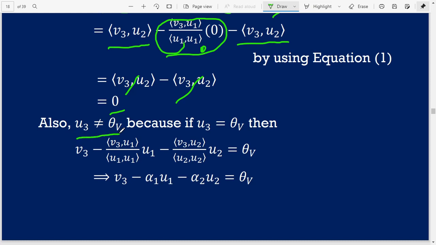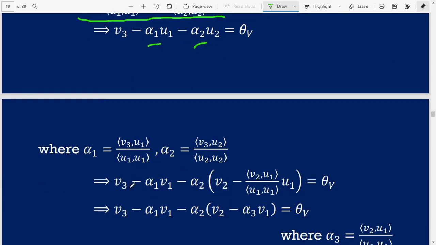Also U3 is a non-zero vector, because if U3 is equal to the zero vector, then the value of U3 is equal to 0. This implies V3 minus alpha 1, we take this as alpha 1 and we take this as alpha 2, is equal to 0. So V3 minus alpha 1 V1 minus alpha 2, putting the value of U2, is equal to 0.